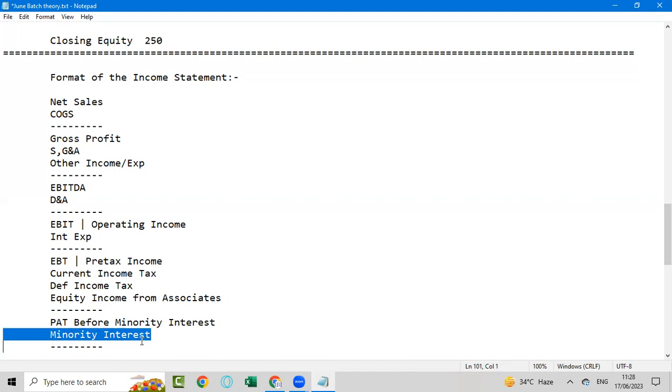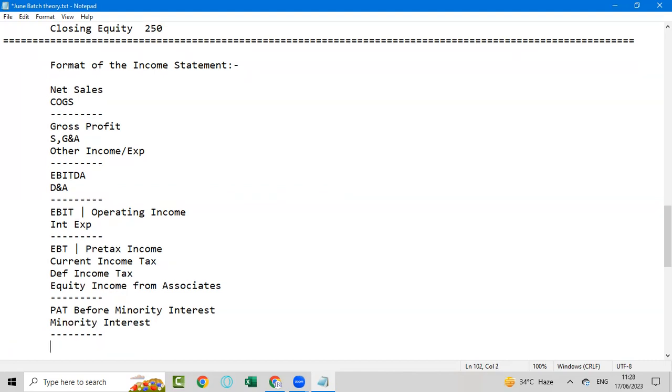So you will understand that everything I have written here in the income statement may be written in different words. You have to understand what it is. After that, net income, or net income after minority, or net income attributable to ABC company, net income attributable to equity. It can be anything. Understand what is written and what is written before and after that.